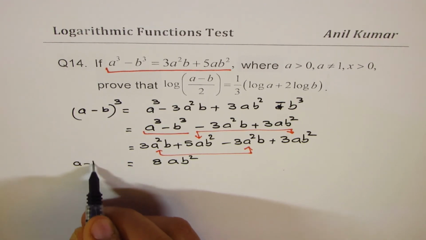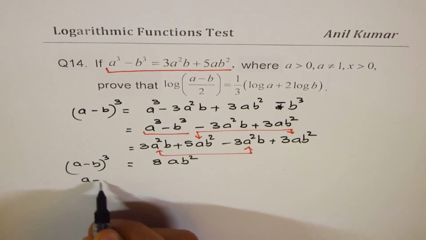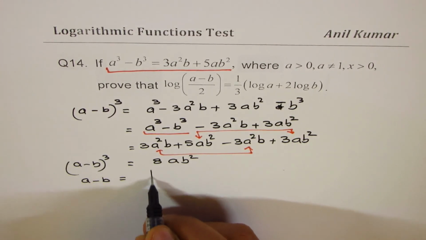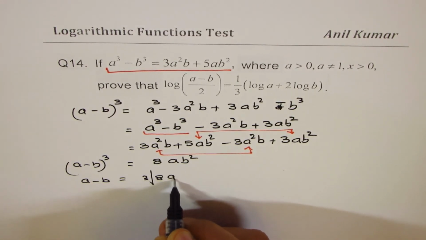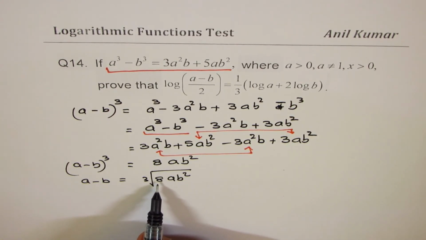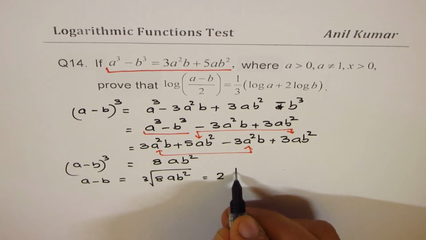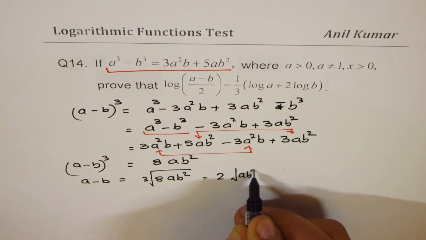So that is a minus b whole cube, correct? So if I cube root, I get a minus b equals cube root of 8ab square. Now cube root of 8 is 2, right? So this could be written as 2 cube root of ab square. Is it okay?